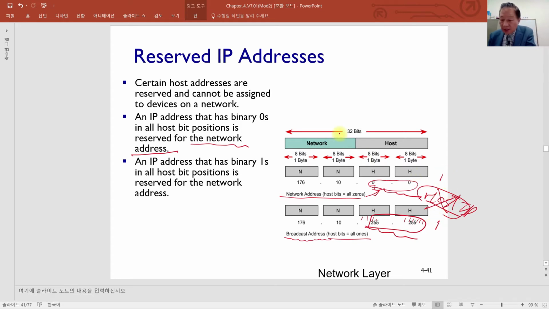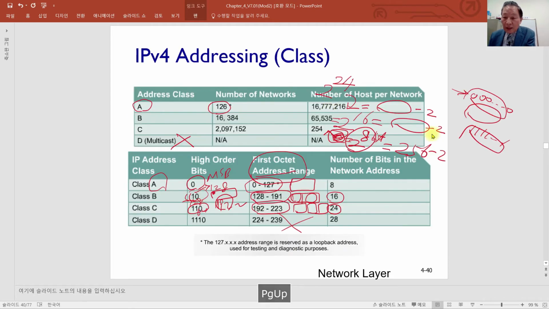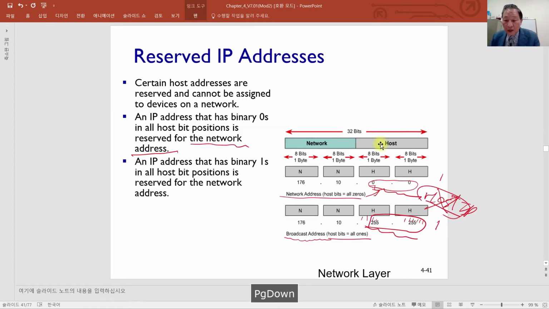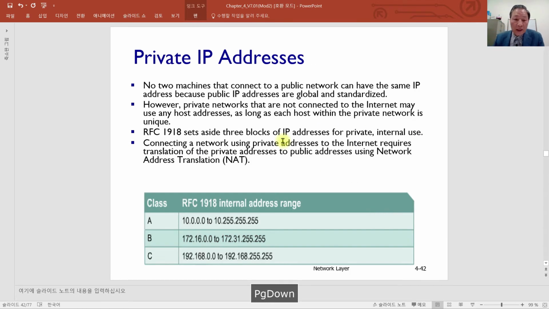Why did we subtract in the previous case? That is the reason. We are subtracting the first case, all 0s, and the second case, all 1s, that is for broadcasting. All 0s is for the network address. All 1s is for the broadcast address. We are subtracting 2. Okay, let's move to the next.